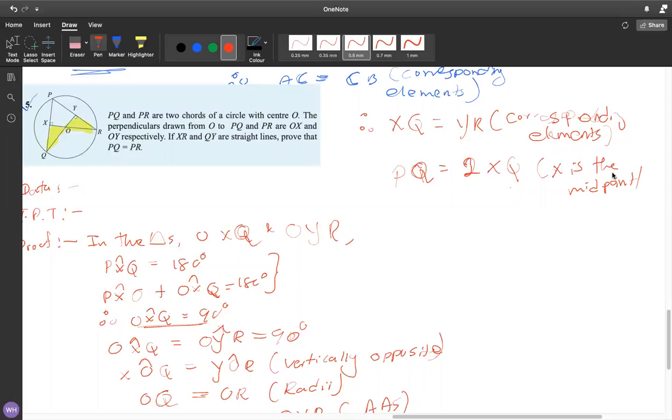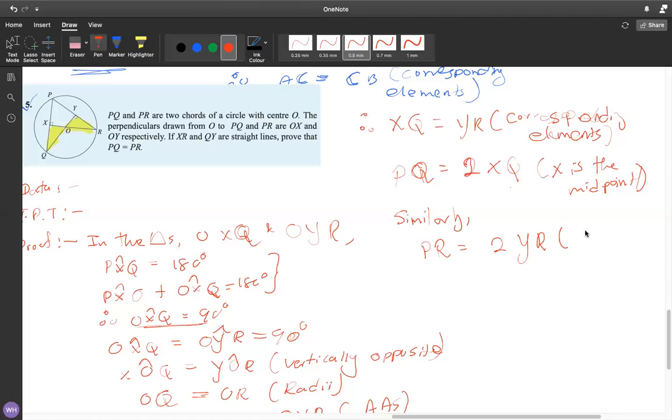You have to write the theorem that we have learned in the previous lesson: the converse, the perpendicular drawn from the center to the chord will bisect the chord. Therefore, this is valid here, 2 times XQ. Similarly, PR will be equal to 2 times YR.